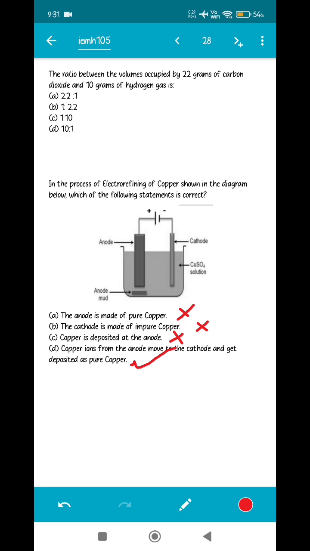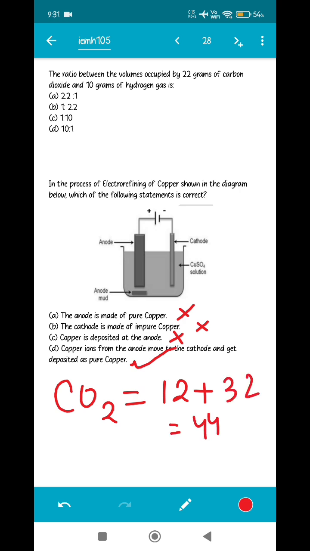Next, the ratio between the volumes occupied by 22 grams of carbon dioxide and 10 grams of hydrogen gas is. So in this case again we have to use the concept of number of moles and the volume occupied. So for carbon dioxide, we have to first find the molecular mass of carbon dioxide, 44.